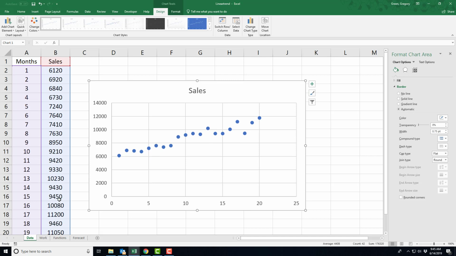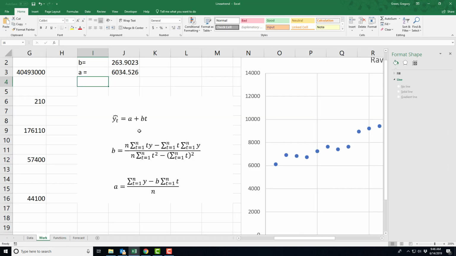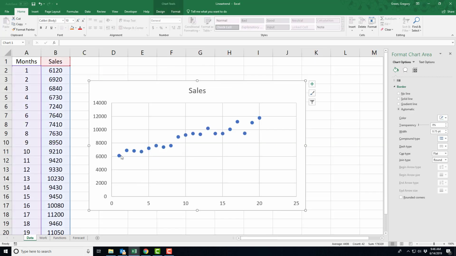Now, what kind of line do I want to pick? If you think about the notes for this particular module, one of the things we say about the trend line is that I'm going to try to find a line, making a line that has slope B and intercept A, and that line will pass through these points.